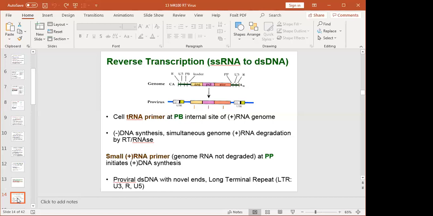These novel ends are called long terminal repeat, or LTR, that include U3, R, and U5. R is common. U3 of the proviral DNA comes from the U5 of the genome, and U5 of the proviral double-stranded DNA comes from the U3 region of the genome.